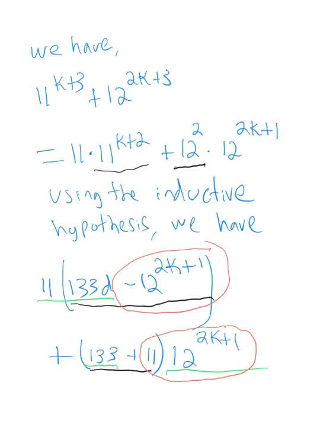So when you combine everything, you end up with 133 times the quantity 11d plus 12 to the 2k plus 1. The d is there because, remember, we were assuming that the original expression in terms of k was divisible by 133. So that's still in our expression.